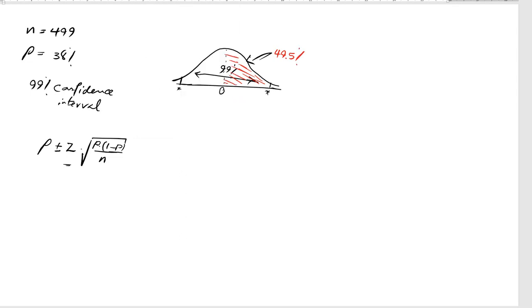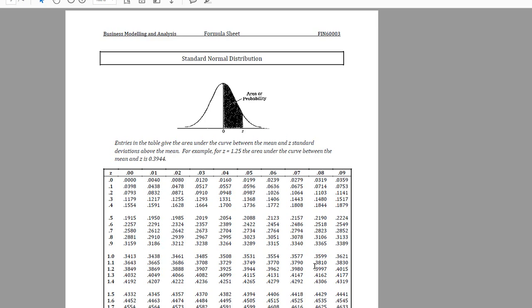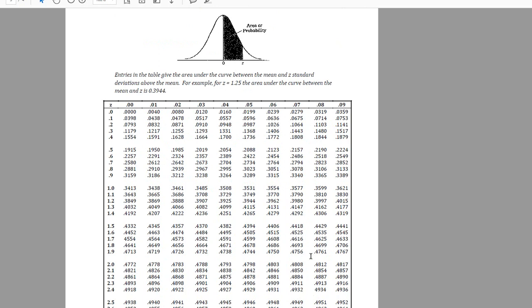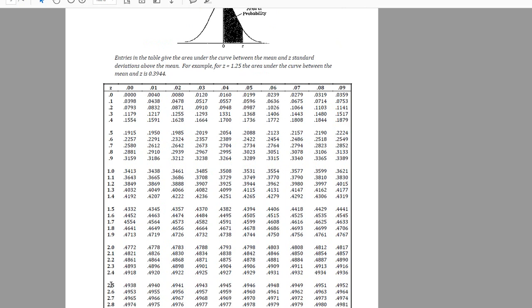Okay, if I go to the table, I need to find 49.5 in the body of the table, then I can read the Z value. 49.5. Okay, look at these two values here. 0.4949, 0.4951. So they're away from 0.495 with the same distance.